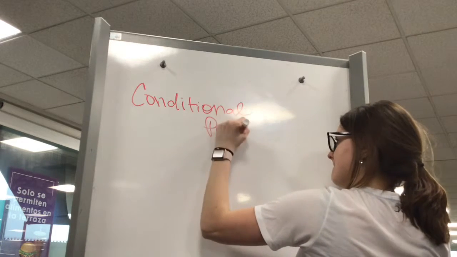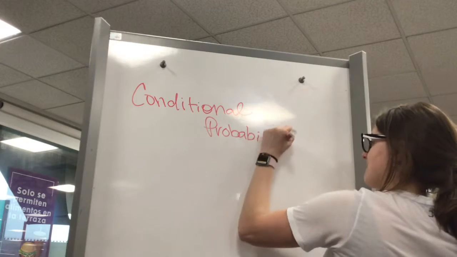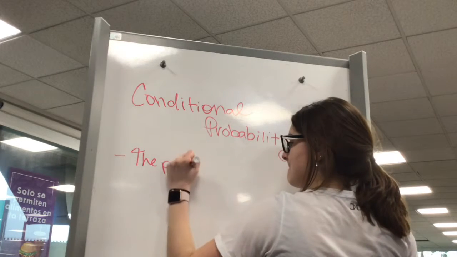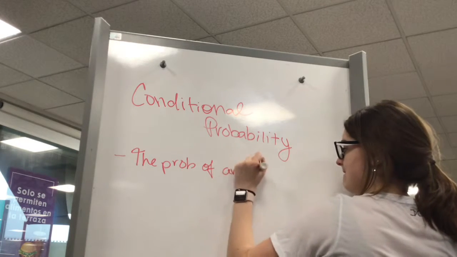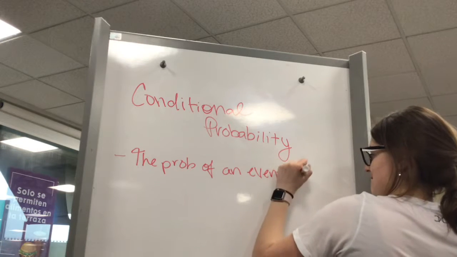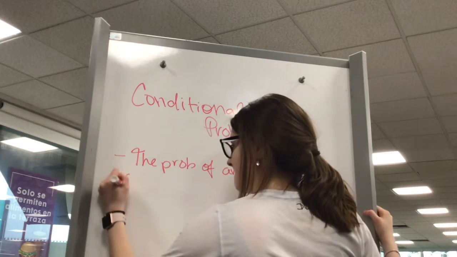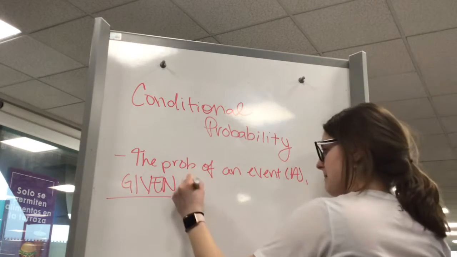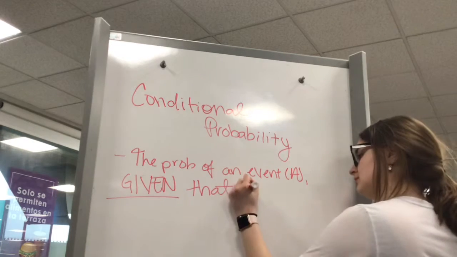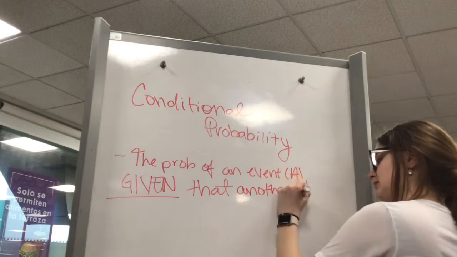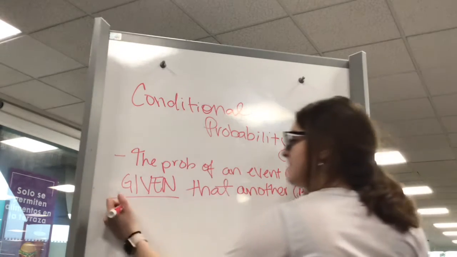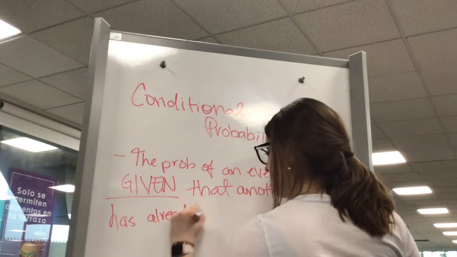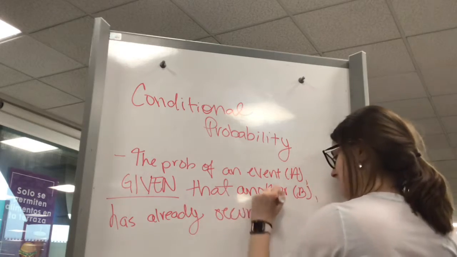In this video, we're going to talk about conditional probability. The definition of this term is the probability of an event A given that another event B has already happened.